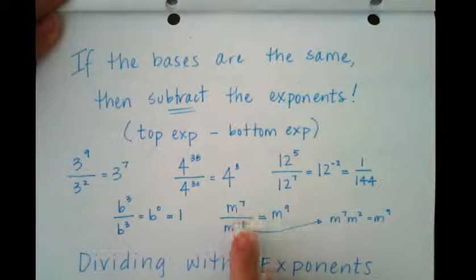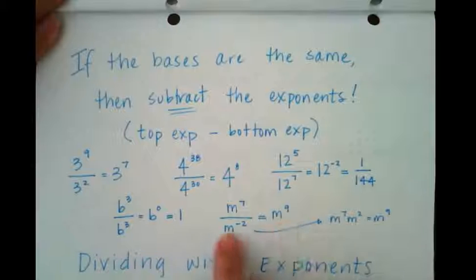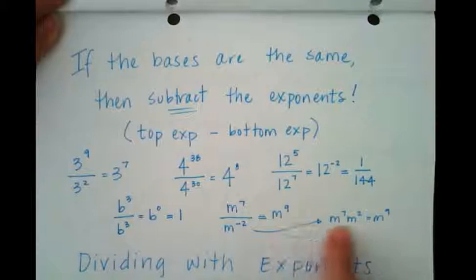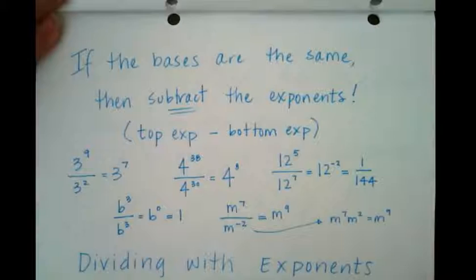So we're going to do 7 minus -2, which is going to be 9. Or if you want to think of this needs to be moved, because it's not happy, so it needs to move to the top. So then we would have m to the 7th times m to the 2nd, and that would be the situation where we would add the exponents. So again, pause the video if you need to so that you can get this slide done on your flip chart.